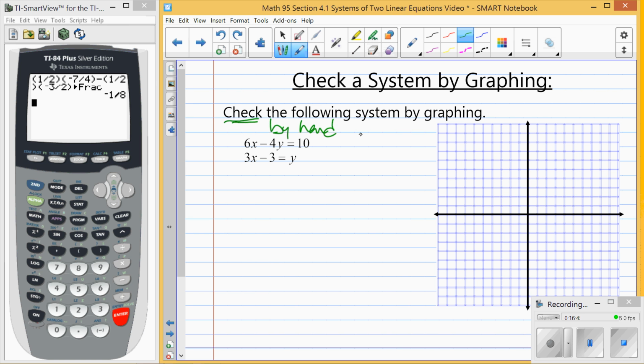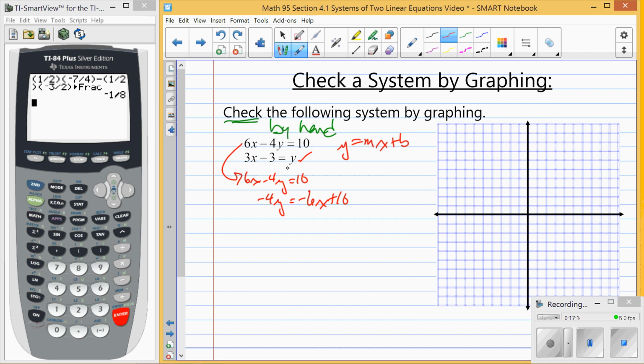And so your first goal is to get this into y equals mx plus b. This one's already there. So we need to manipulate this equation a little bit. 6x minus 4y equals 10. Subtract the 6x from both sides, and negative 4y equals negative 6x plus 10.